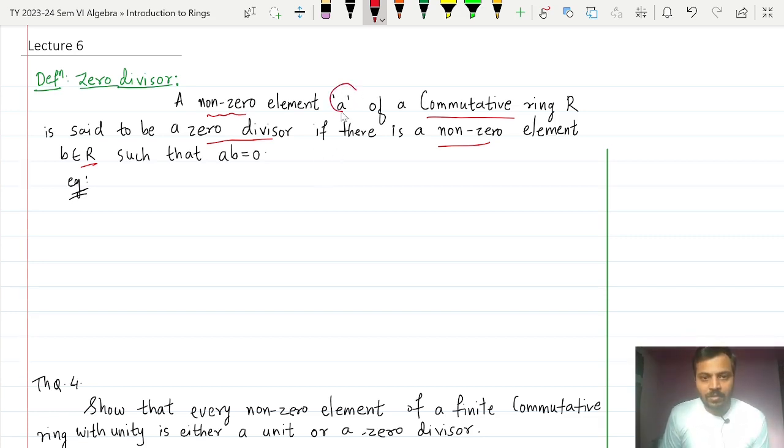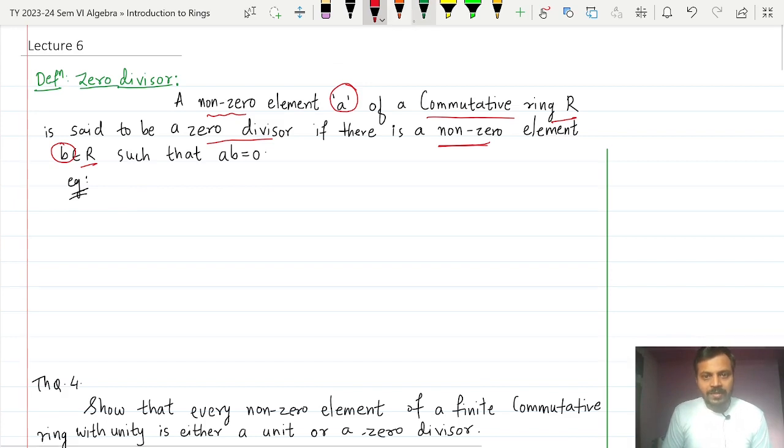So this non-zero element A of a commutative ring R will be a zero divisor if we are able to find another non-zero element in the ring R, we are calling it B, such that the multiplication AB is equal to 0.